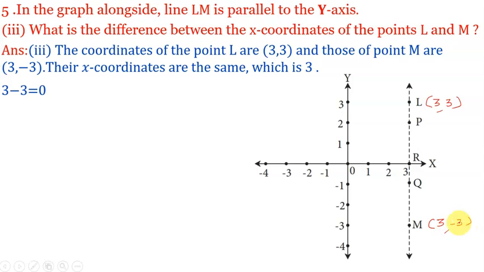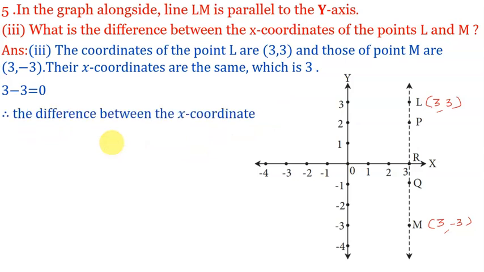The question is, what is the difference between the x coordinate of the points L and M? How much will the difference be? It will be 0. The x coordinates of both points are the same, which is 3, that is 3 minus 3 equals 0. It is an easy question. The difference between the x coordinates of the points L and M is 0.